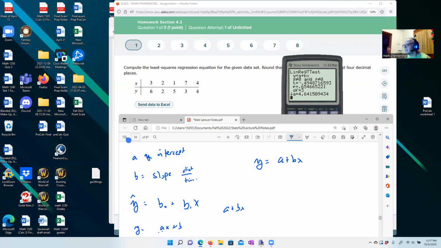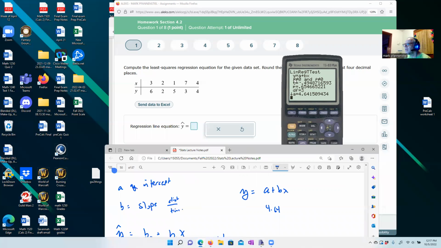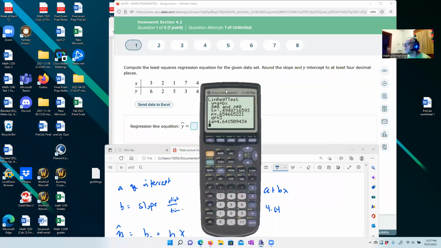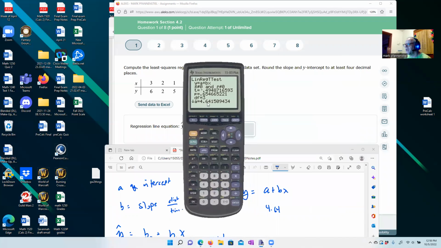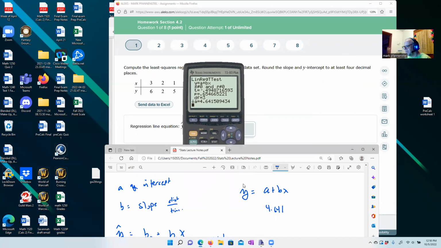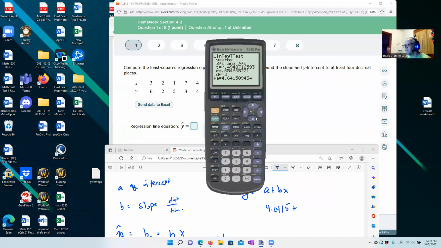So in our case, this is 4.64. I don't know how many decimals they want. Round to 4 decimal places. They want a lot of decimal places. So 4.64, we'll say 1.5 here, plus, and then we go down, let's use the down arrow, to get our b.